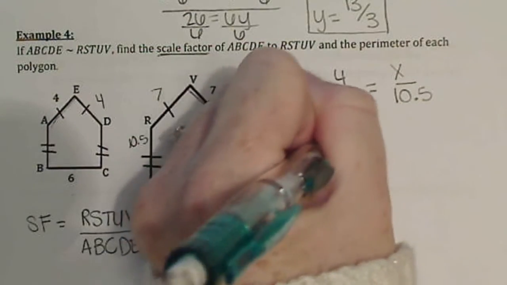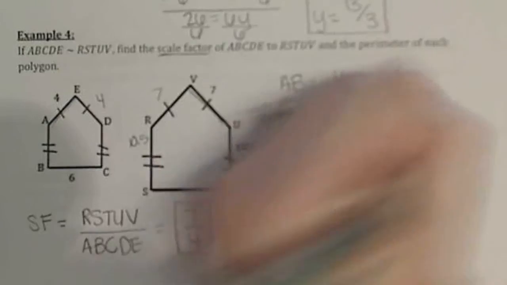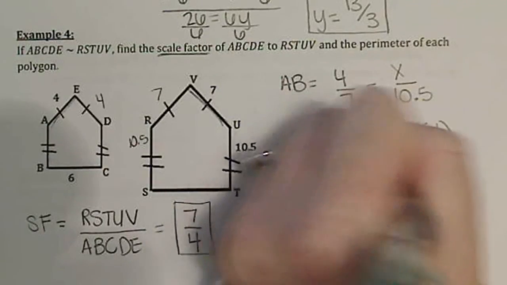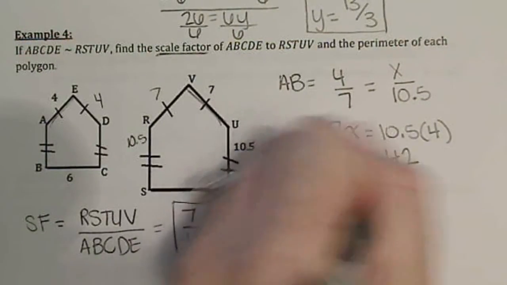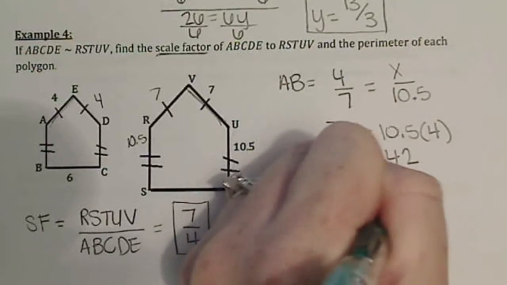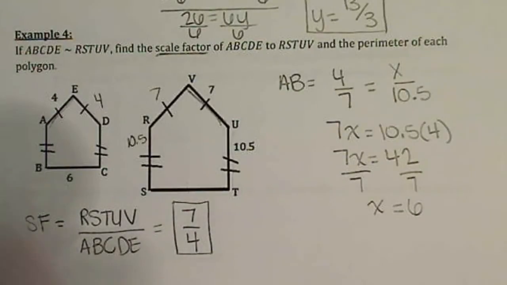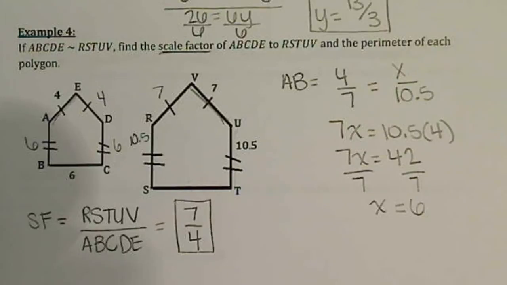Cross multiply. And we get 7x equals 42. Divide by 7. x is 6. So AB is 6. And DC is also 6.